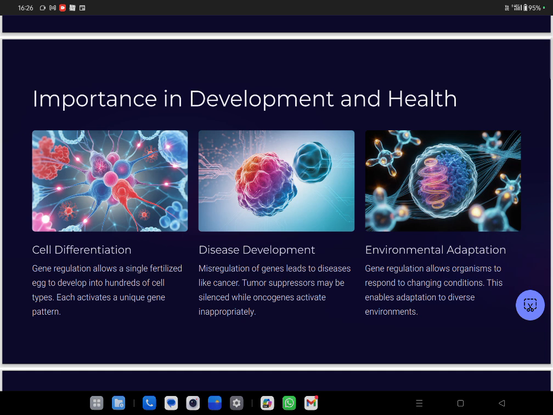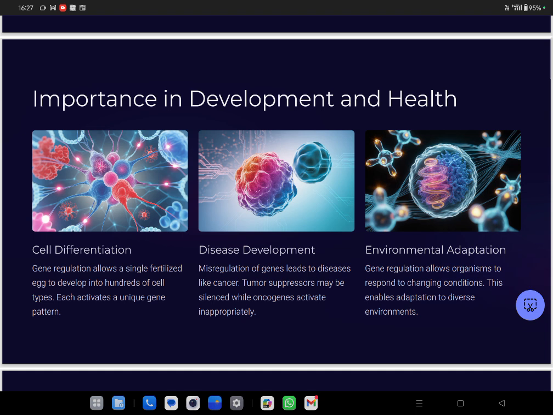Though they basically have the same genes, they look different and express different proteins. In disease, misregulation of genes leads to diseases like cancer. Tumor suppressors may be silent while oncogenes activate inappropriately.